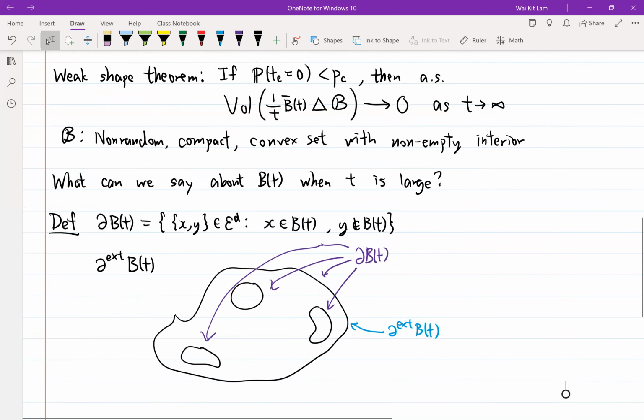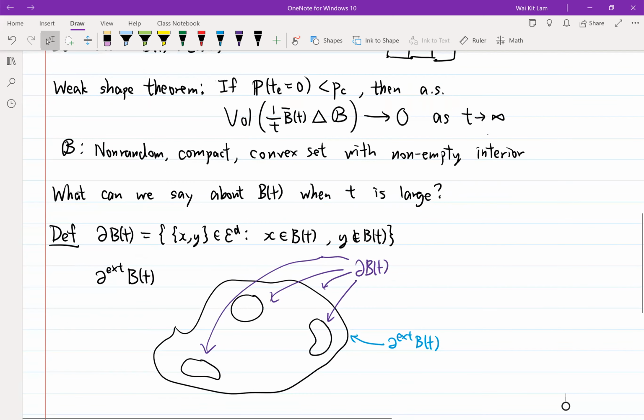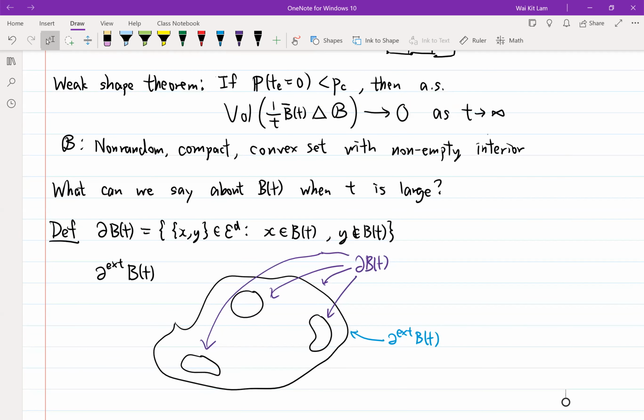So of course, if you want to understand what B_t is, this is equivalent to studying what the boundary is. And this is something extremely difficult to study, because if you want to know what this boundary is, then you need to understand which points you can reach by time t and which points you couldn't. If you want to know what this partial B_t is, then you need to know very precisely how the passage time behaves.